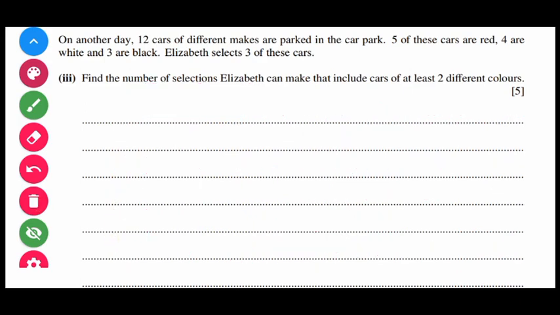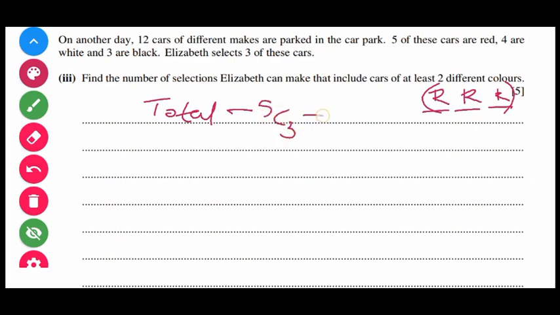Otherwise, like the previous question, what we have done, from total we have to delete such a way that all the 3 are red, because we want at least 2 different colors. Here only one color is there, so that can be deleted, which is 5C3, minus if all the 3 are white, that can be deleted, 4C3, minus if all the 3 are black, that can be deleted, that is 3C3.